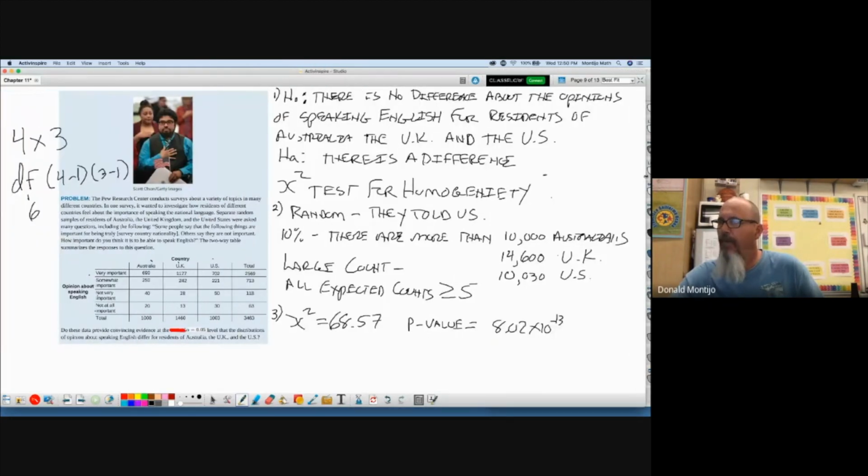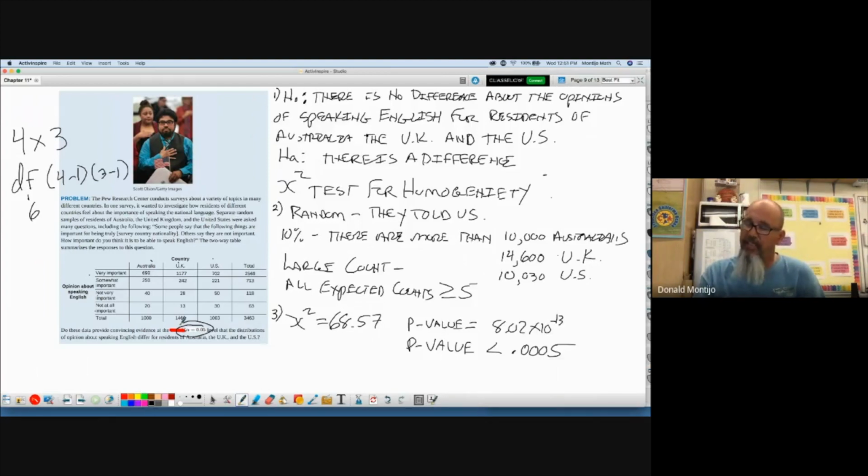But if I were to do it by hand, I would say that my p-value is less than 0.0005. Is that significant? Well, that 0.0005 or 8.02 times 10 to the negative 13th is way smaller than the alpha level of 0.05. Therefore, the data is statistically significant, and we have convincing evidence to reject the null and conclude that there is a difference about the opinions of speaking English for residents of those 3 countries.